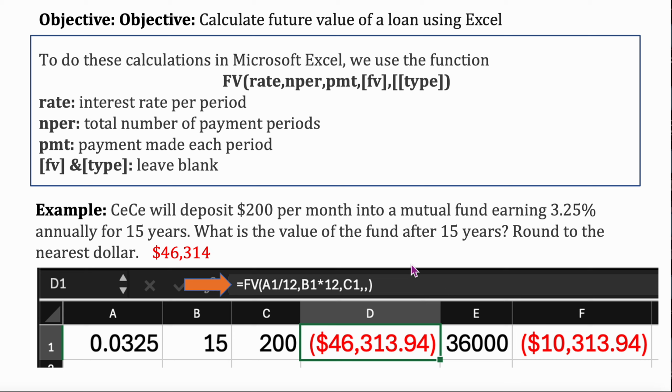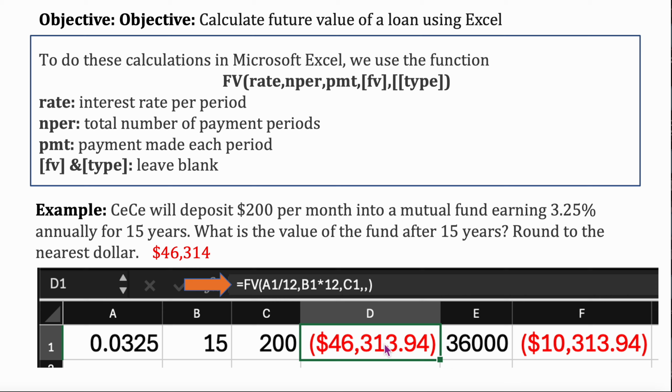So I'm letting Excel do some of that work for me. Next, you'll see in the third spot that payment, that is just the monthly amount you're putting in. So I put $200 in, and you'll notice that I have blanks there. So the FV and the type, you're going to leave those blank.